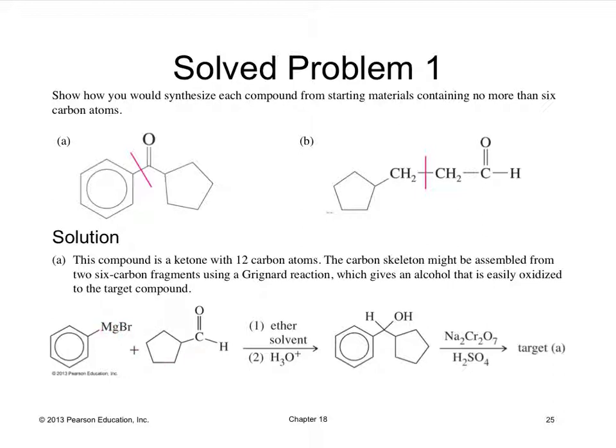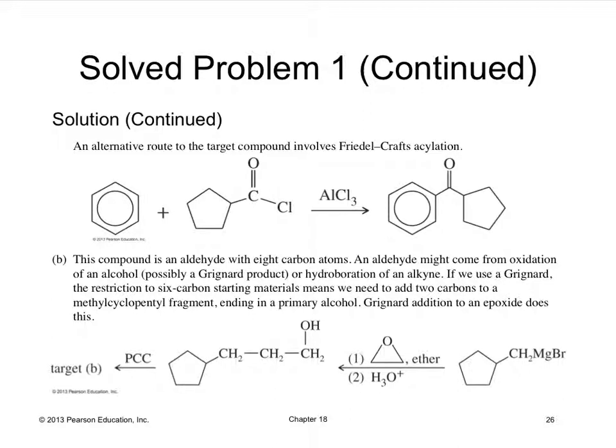This will react in ether solvent, and in the presence of protonated water will generate your alcohol. Then you can oxidize to finally get to the target. Another way to generate that same product is to do Friedel-Crafts acylation, where you start off with benzene and your acid chloride in aluminum trichloride to generate your product.